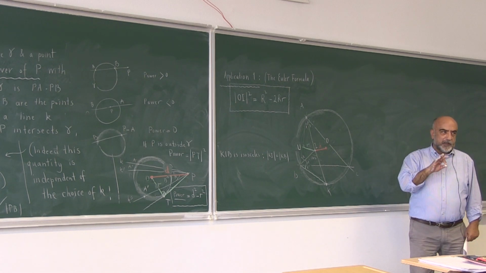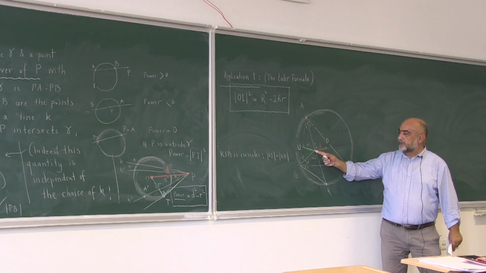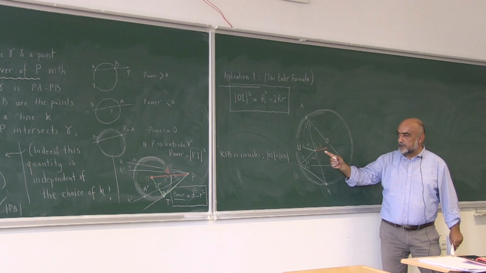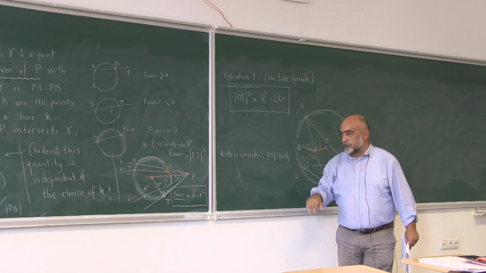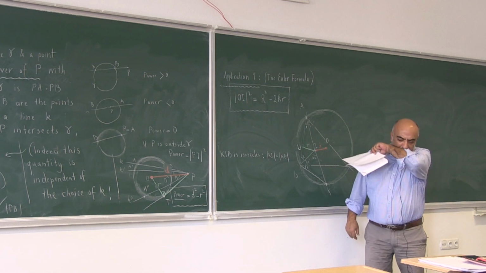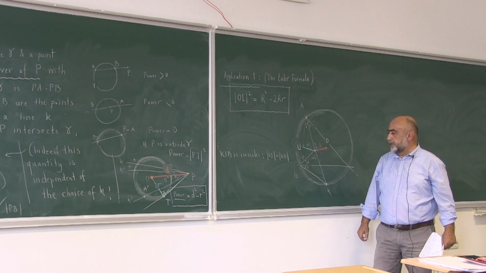Okay, so I will now use the concept of power. I have deliberately chosen this length to be D so that you can, in your mind, be reminded of the formula that I wrote down over there.